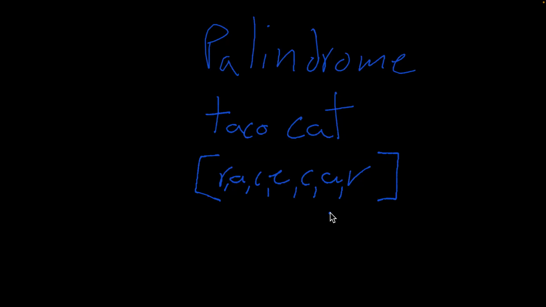Is the word spelled the same way forward as it would be spelled backwards? Well, in order to do that, we need to be able to maybe read the array backwards, right? We need to be able to go in this direction. So that's the topic of this morning.